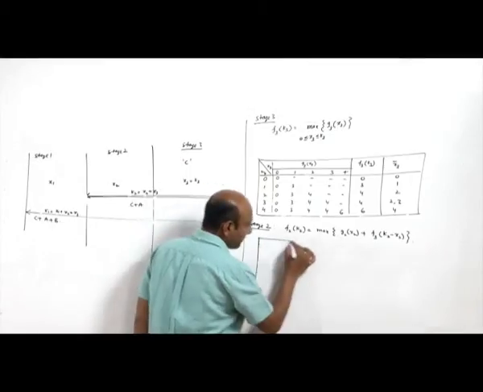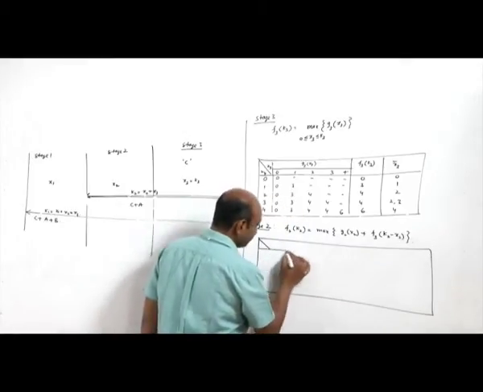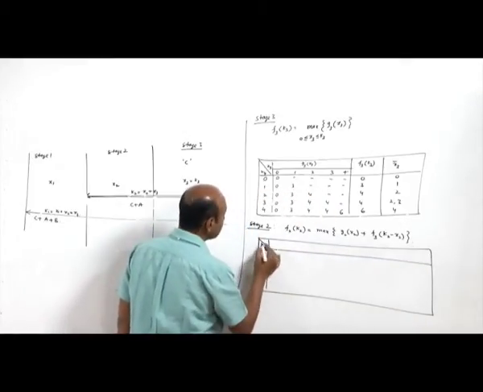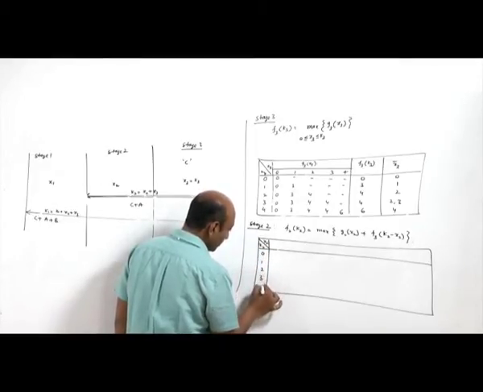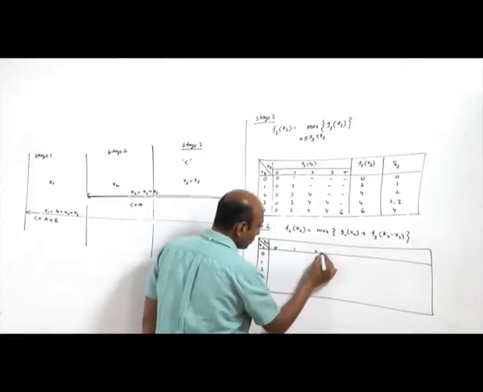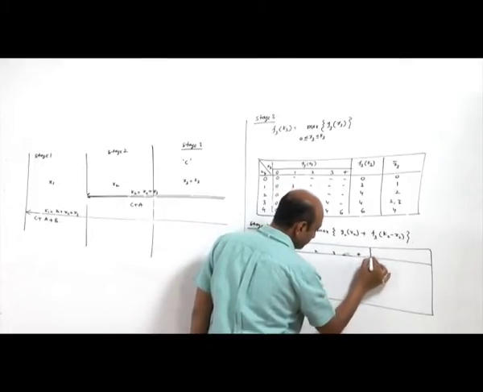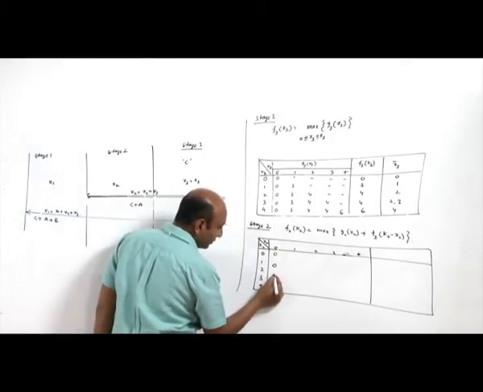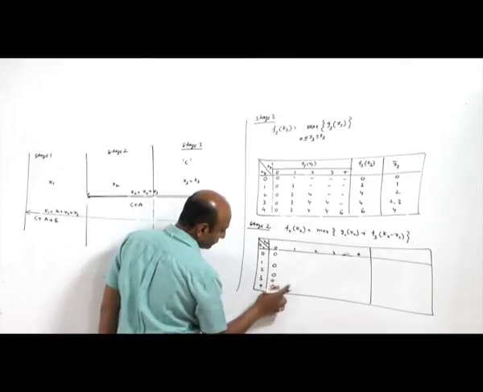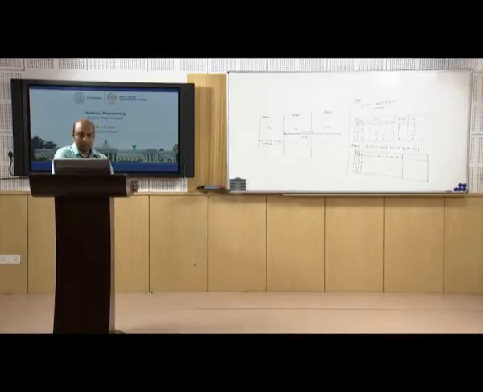So again we will make a next table based on this. You see, it is K2, it is X2, K2s are 0, 1, 2, 3, 4, X2s are 0, 1, 2, 3, 4. Again for 0, the returns are 0, and if it is 1 and it is A, it is 1.